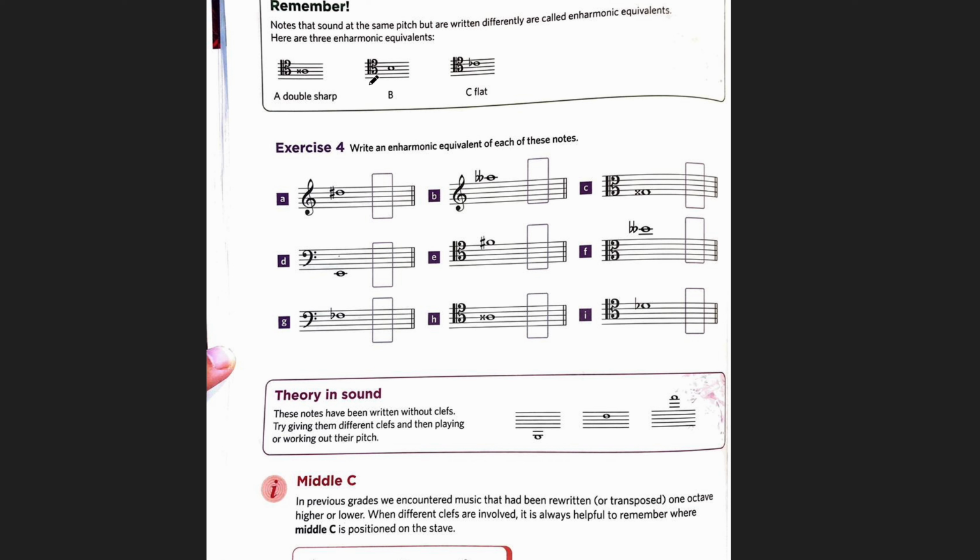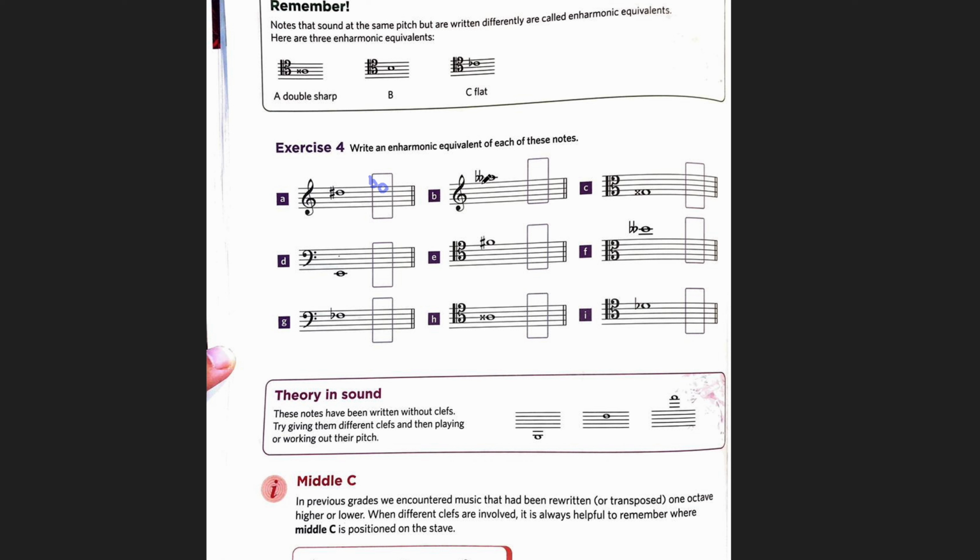Okay. So an enharmonic value is the same note but a different way of representing it. So we could have an F natural or an E sharp, which is that. So we have a D sharp, which is the enharmonic value of E flat.